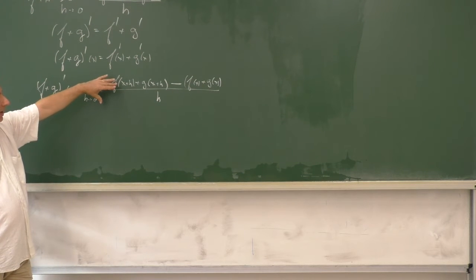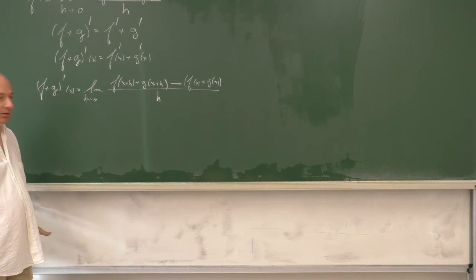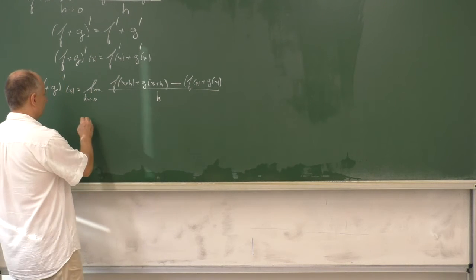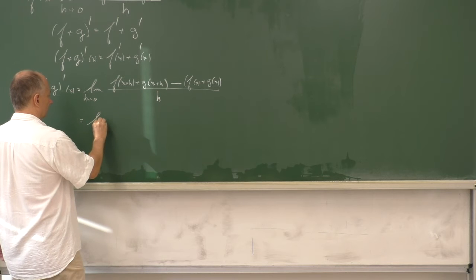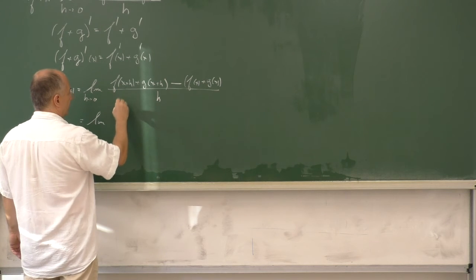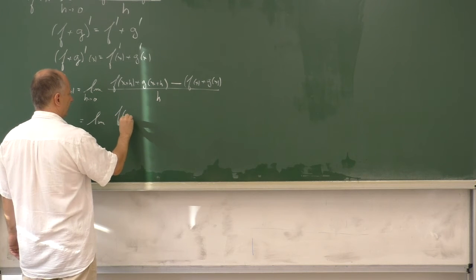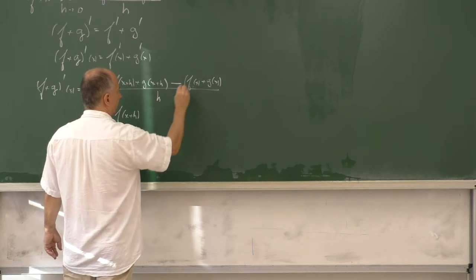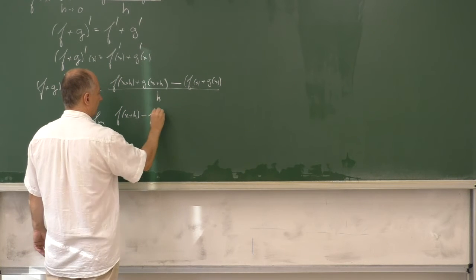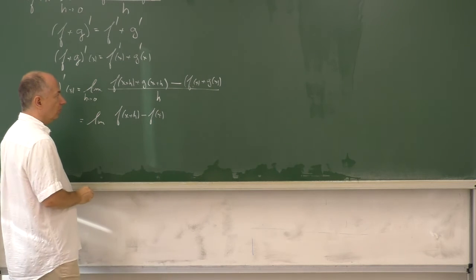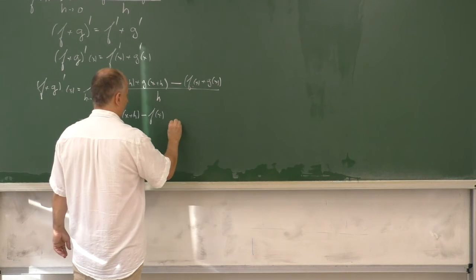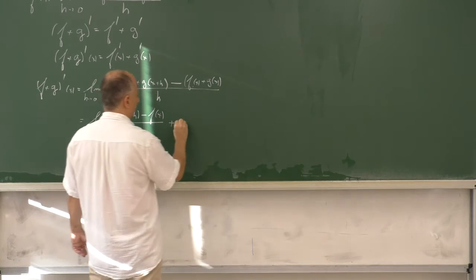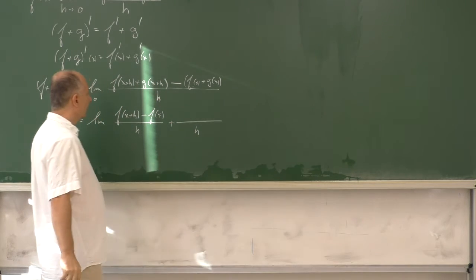Now we split this fraction into a sum of two fractions, each of them giving the derivative. We copy the first term, f at x plus h, and we write the third term, minus f at x, plus, and we can divide this into two separate fractions.